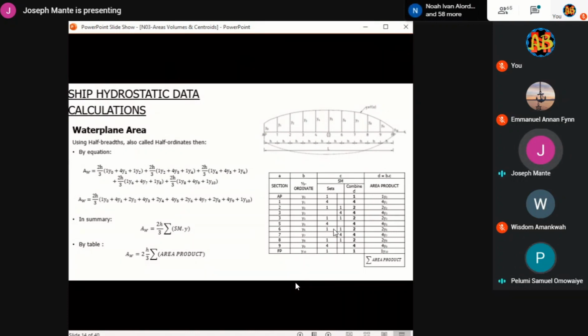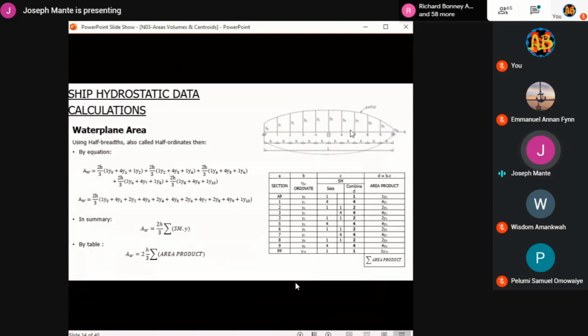So we start by calculating water plane area. The first diagram there, let's take it as your ship with maybe 10 meters long, and this is actually the hull of the ship.